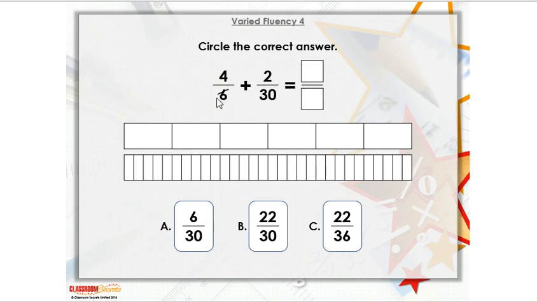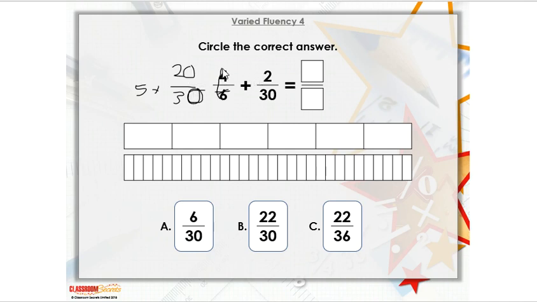How many 6's make 30? I'm going to put my new fraction over here. Careful with my figures. How many times have I multiplied 6 to get to 30? I've multiplied it by 5. 5 times 6 is 30, so I have to do the same with my 4. 5 times 4 is 20. So my new fraction is 20/30ths.